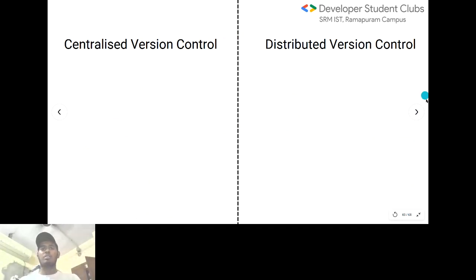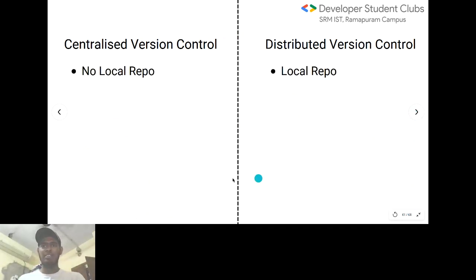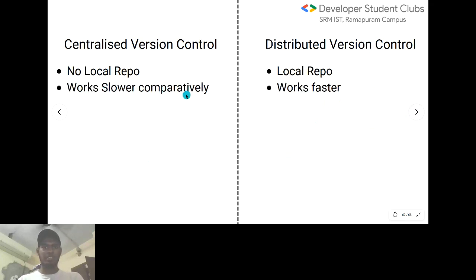So there are differences between centralized and distributed version control. First, there's no local repo. As we saw in that diagram, under centralized version control there is only one main server connecting the three nodes. There's no local repository for each and every user. Because of this, there are many changes.